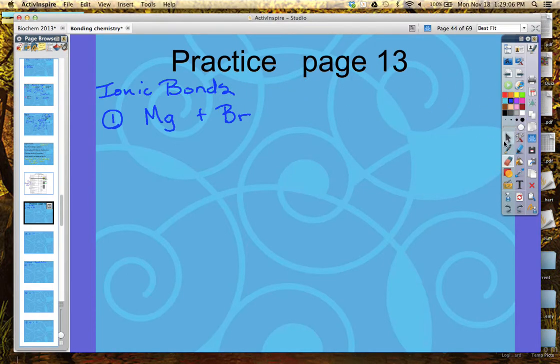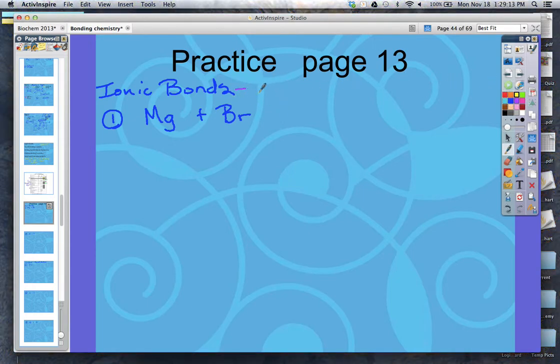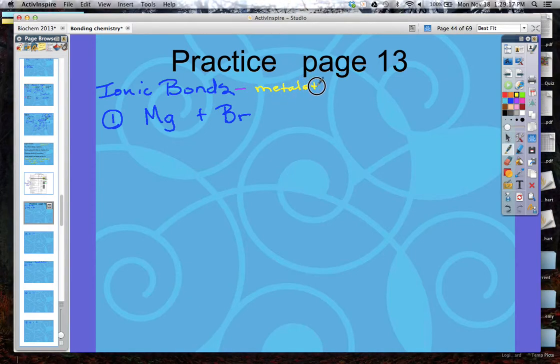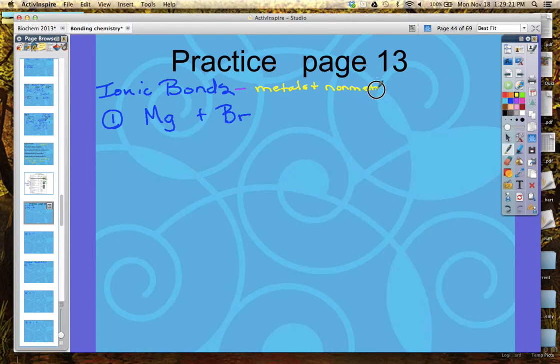And so for ionic compounds, we are talking about bonds between metals and nonmetals. And these are going to be where they transfer electrons.